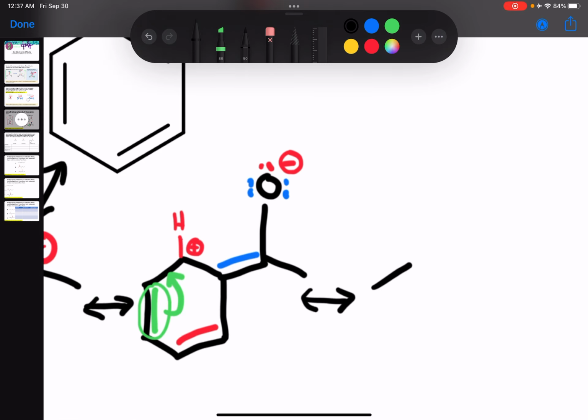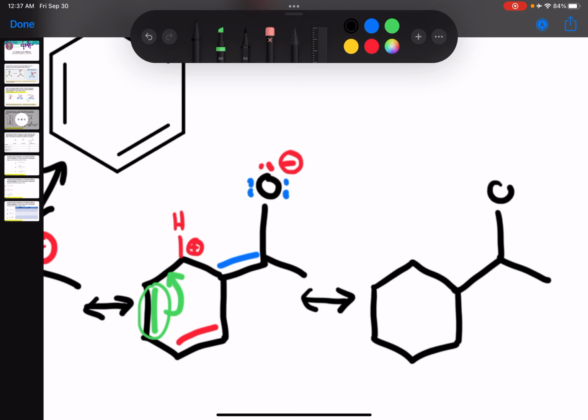In doing so, you will end up with a structure that looks like this. We've transferred it there, and the hydrogen is still there. This carbon over here will only have 3 bonds left, and therefore will be the one that is positive.